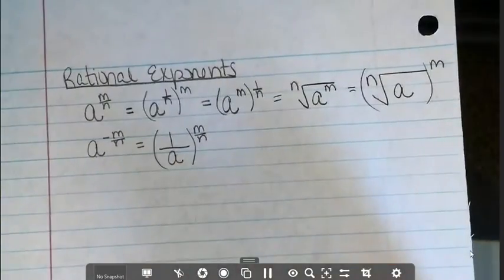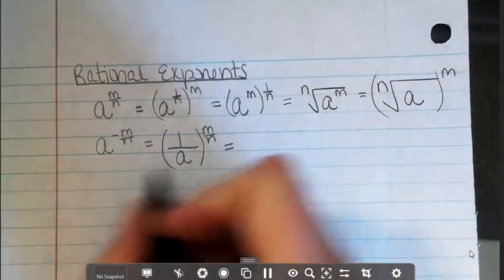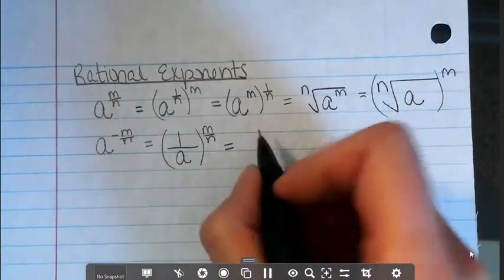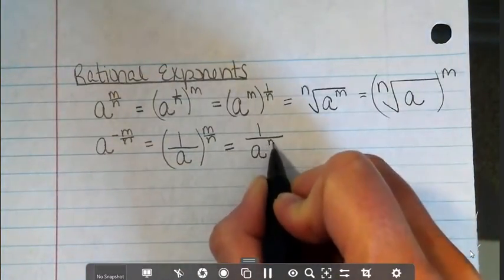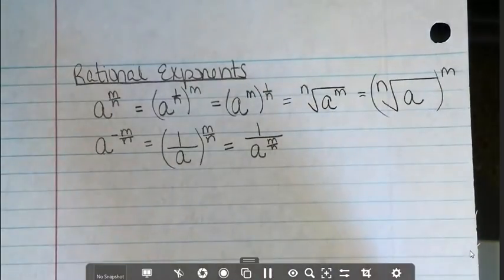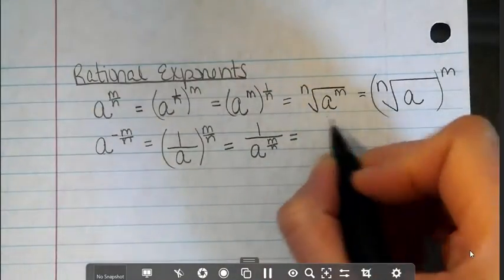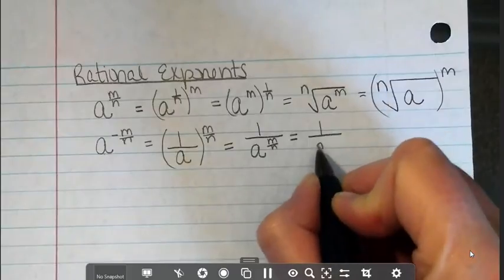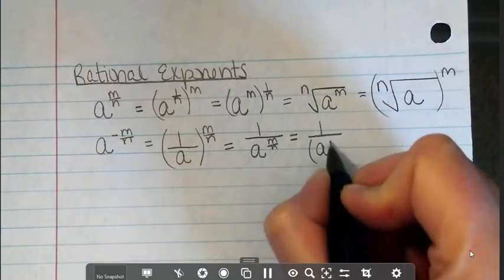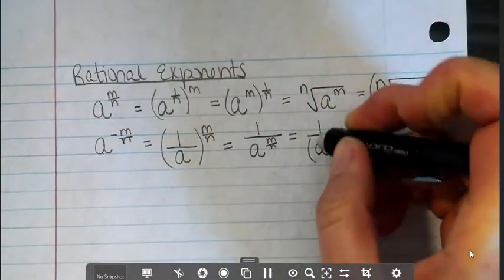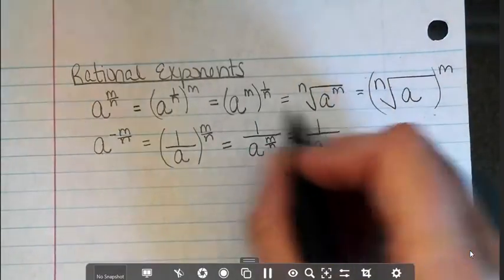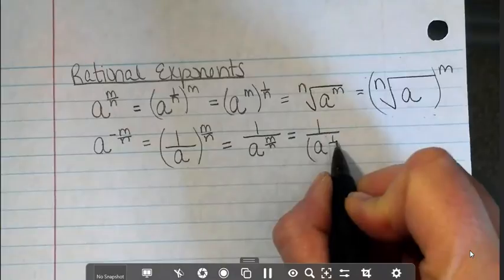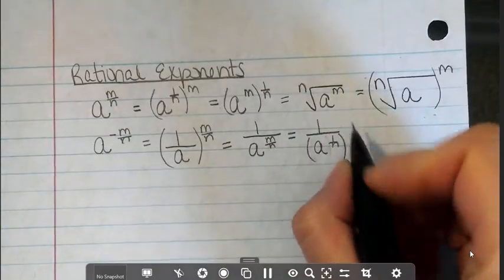That would be one possibility. Or I could write it as 1 over a raised to the 1/nth power, and then raised to the m.